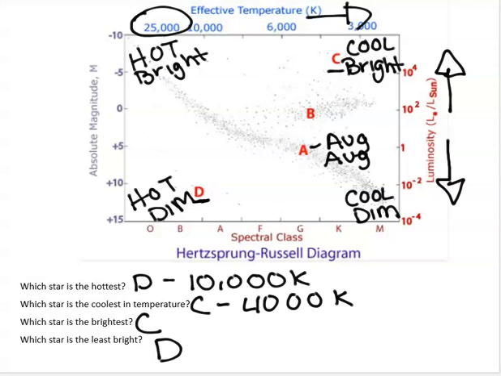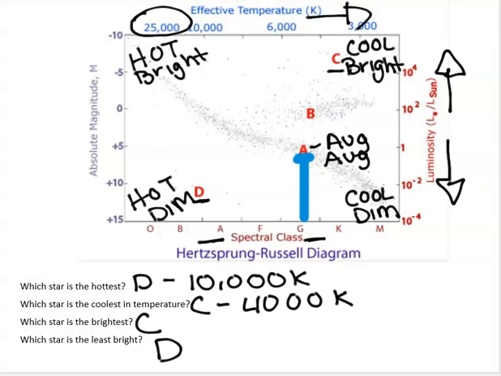Something else that you see on this particular HR diagram are these spectral classes. Occasionally, you will have a question that will ask what spectral class a specific star is in. When we look at spectral class, and I'm going to change my color, all I do is find the star and go straight down and I can see what spectral class it's in.